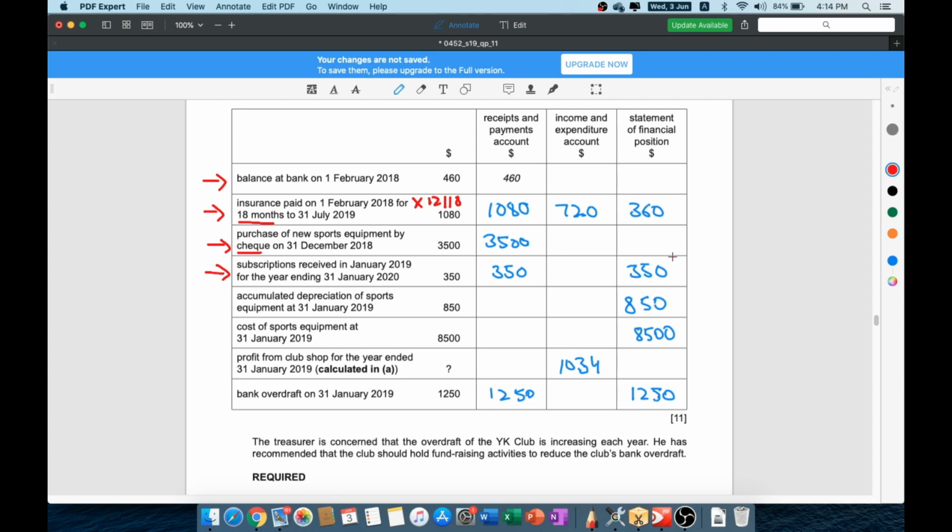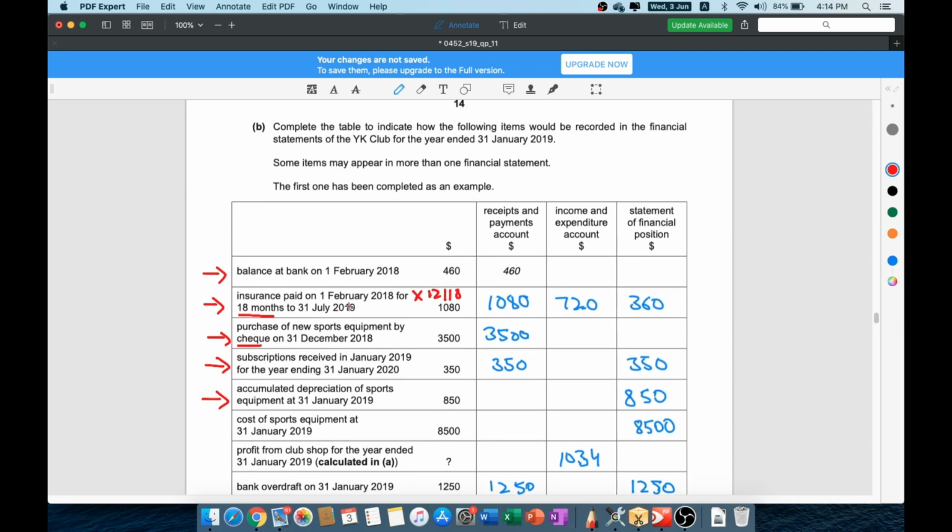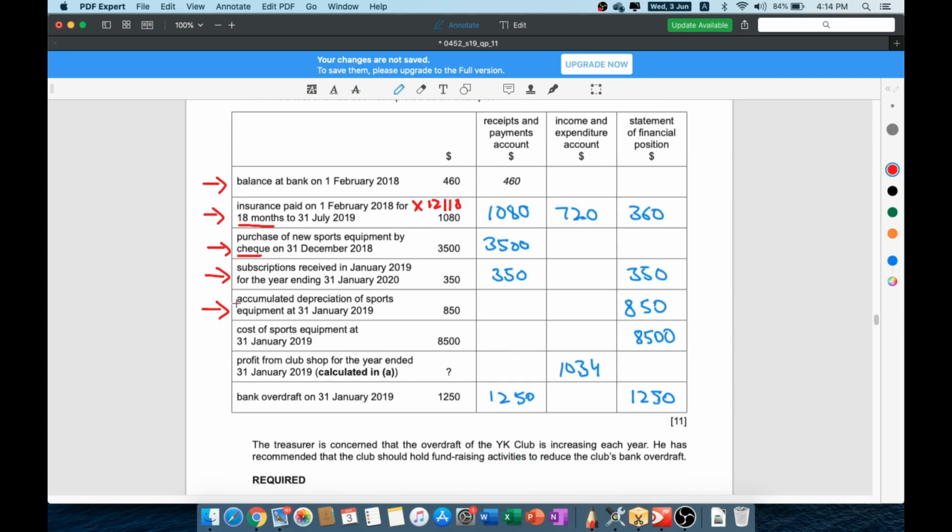Subscriptions, $350. All right. Next one is accumulated depreciation of sports equipment at 31st January 2018. So he says accumulated depreciation. We all know that the accumulated depreciation is actually in the balance sheet, and that is subtracted from the cost of whatever asset it is for, and that gives us the net book value on the balance sheet, right?